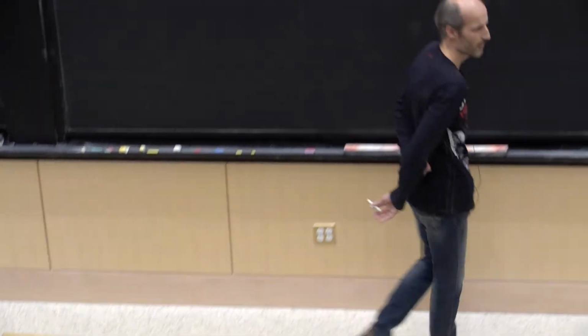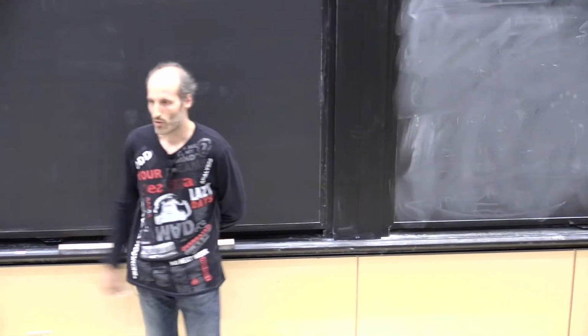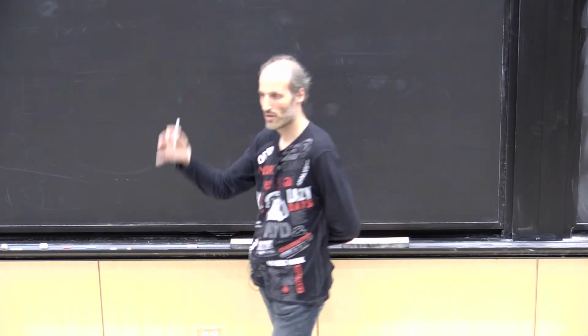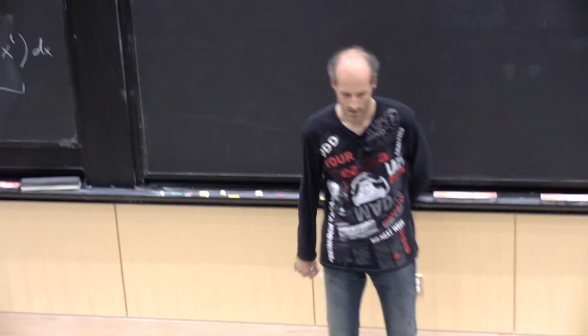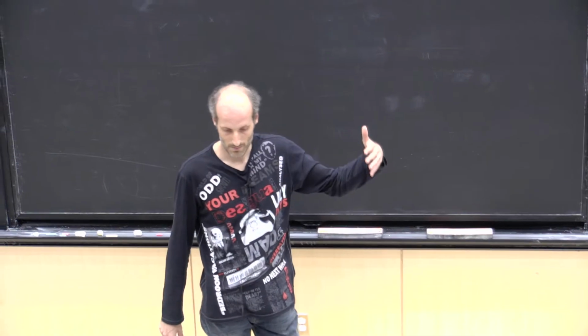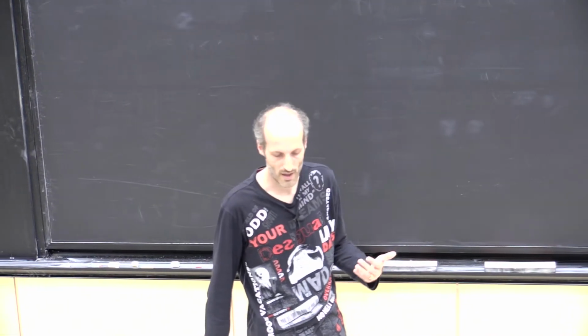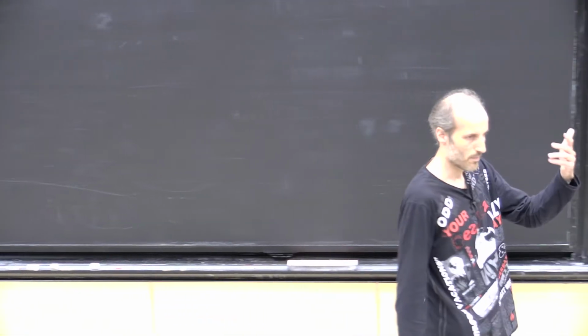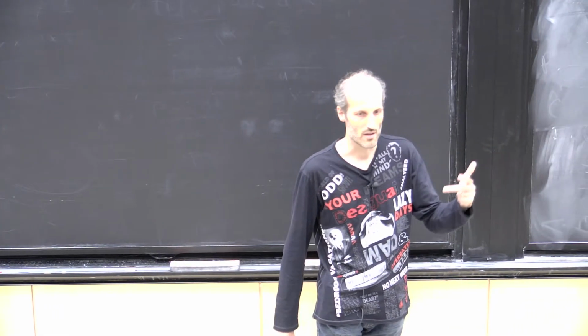I think Dyson was one of the first, in 49, to propose some kind of solution to this problem, and then Salam worked it out in a bit more detail, but in both cases it wasn't really a complete solution.